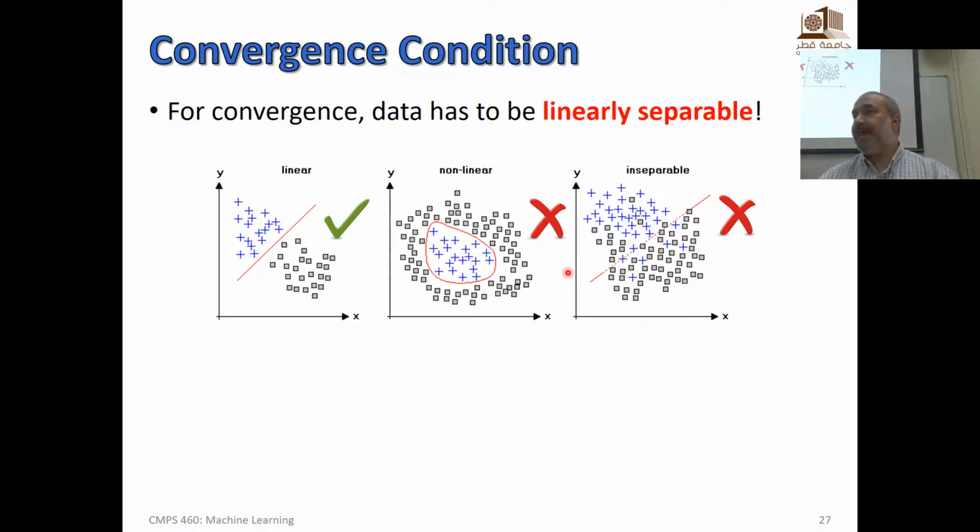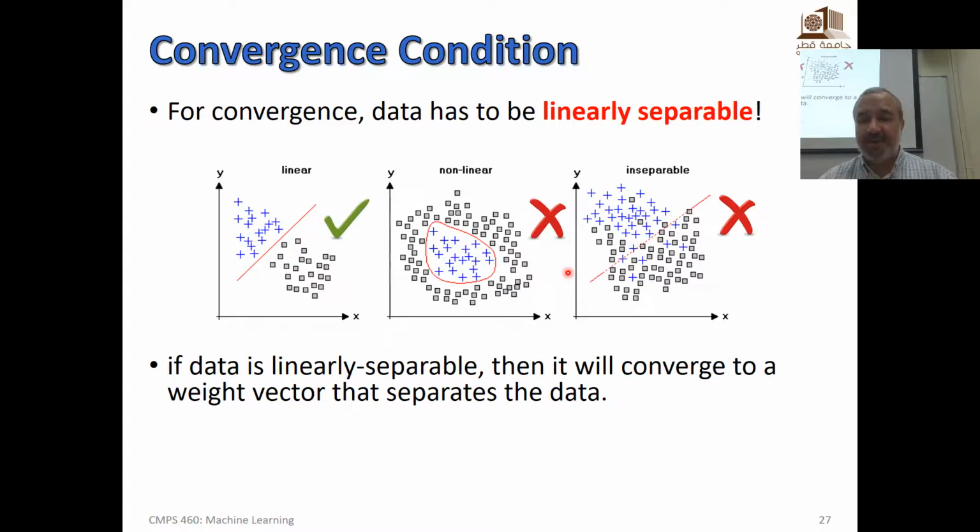It would always change if we do more passes. Of course, if we have 3 iterations and stop, it will not change, but it's not perfectly separating. So in these cases, even if we set the number of iterations to infinity, it will never find it because it doesn't exist. So it will keep changing, and it will not converge.